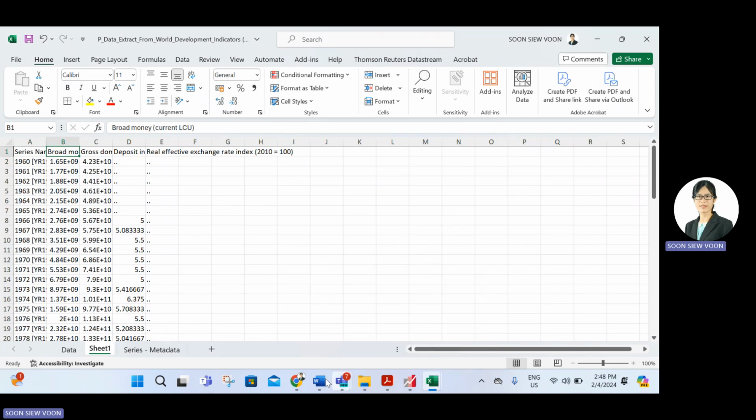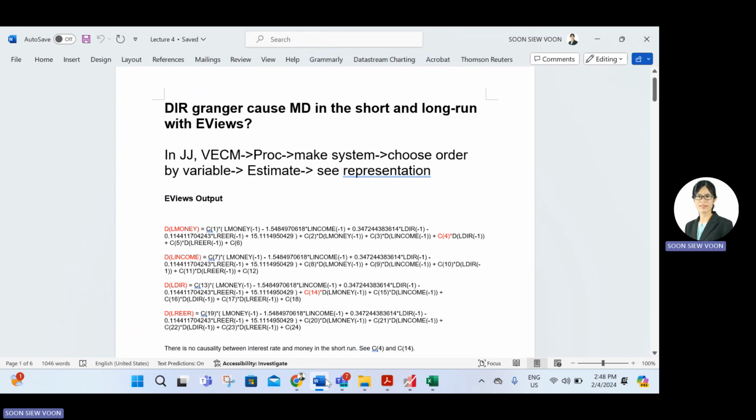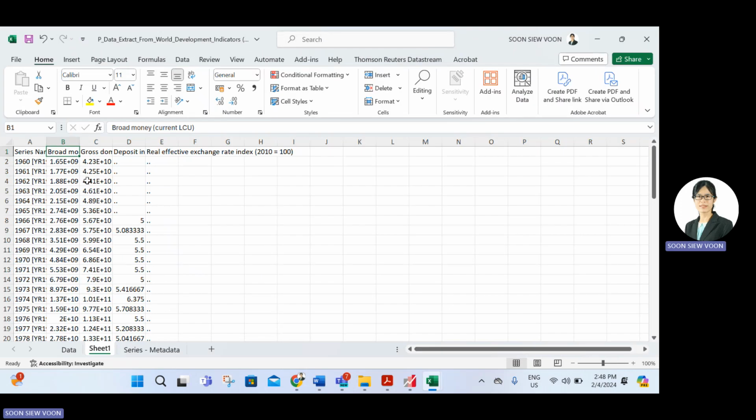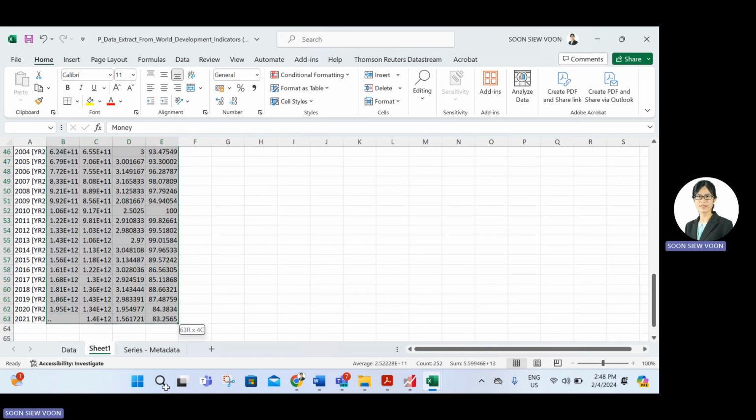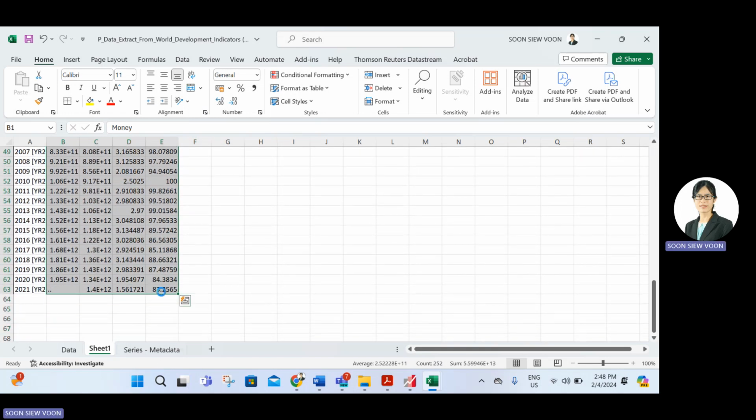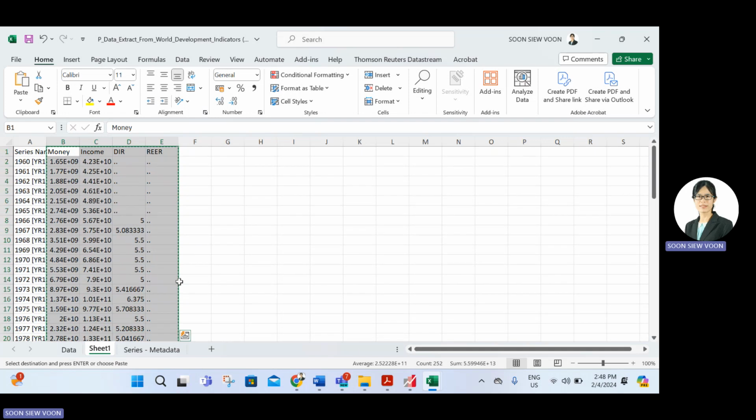I think I use the abbreviation L money. So I use money, then income, then DIR, as well as the RER. These are the 4 series that I copy, starting from 1960 to 2021.